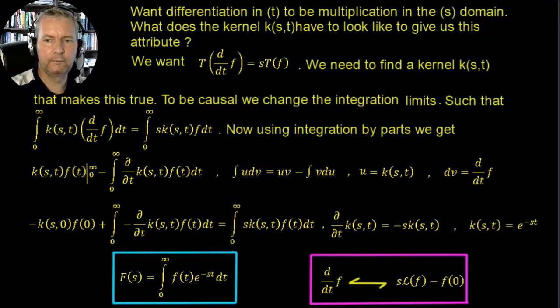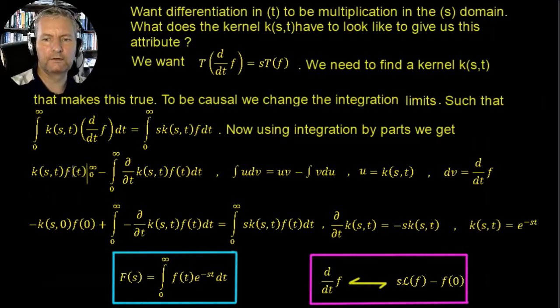So finally we'll look at this little section here, which is the initial condition. Now we have this k of st times f of t, so we said here that the original integral had to converge, so the limit as t tends to infinity of k of st f of t would have to equal 0.